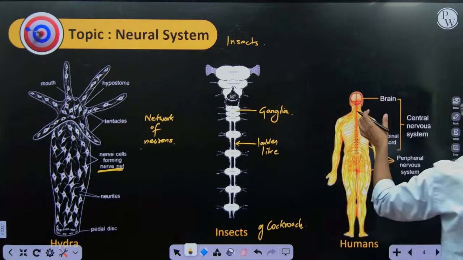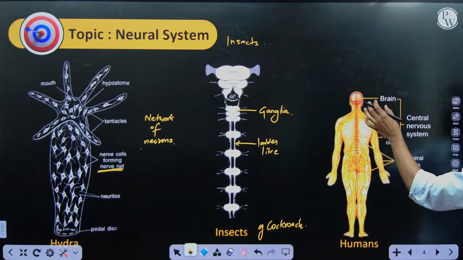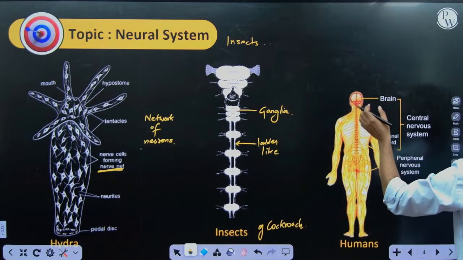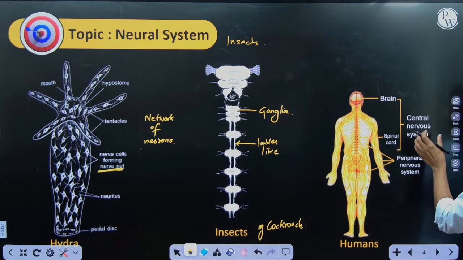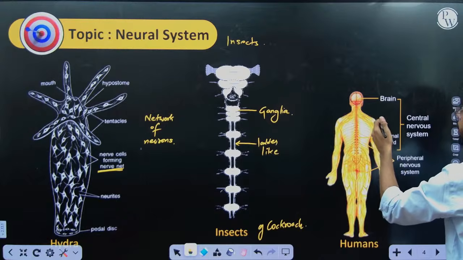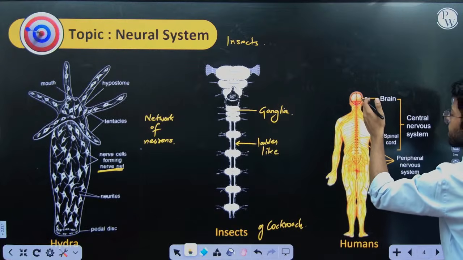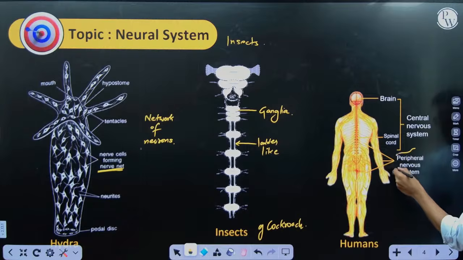And in humans, we have the most developed neural system, that is the brain and the spinal cord, which constitute the central nervous system of our body, and all the nerves arising from this CNS are under the peripheral nervous system.